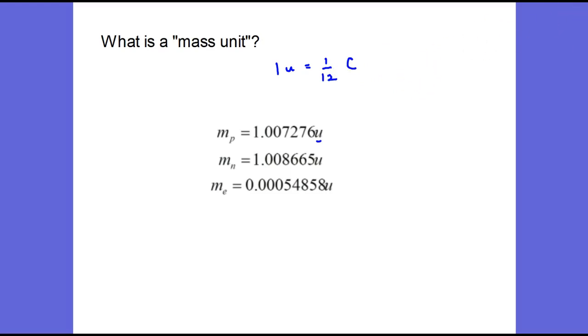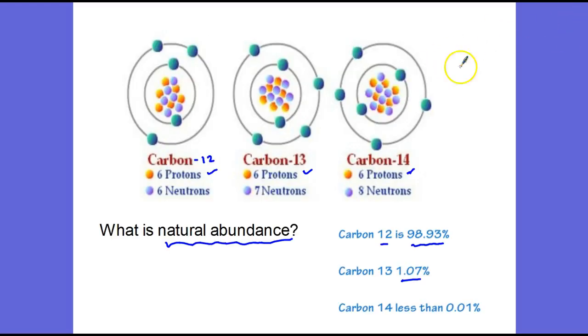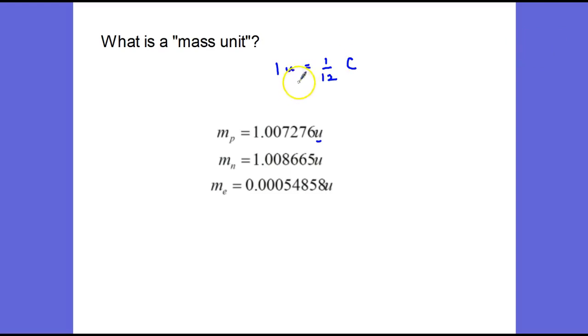And so the mass of a carbon 12 atom is 12 U. And the mass of a carbon 13 atom would be 13 U. So it's another unit of mass, and it's based on the mass of carbon 12.